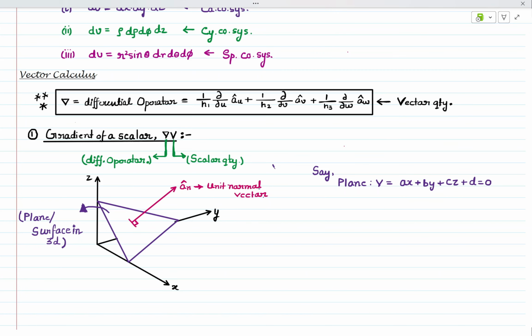Any plane is a function of x, y, and z, so this is nothing but V, a scalar quantity that is also a function of x, y, and z. This is the same plane I am talking about.